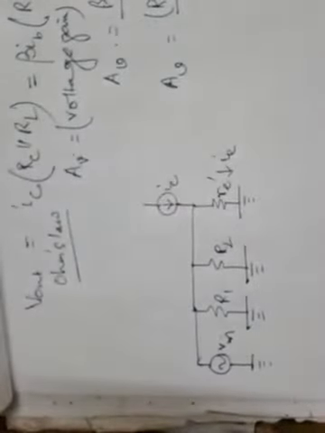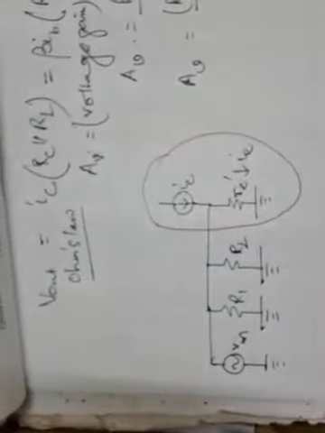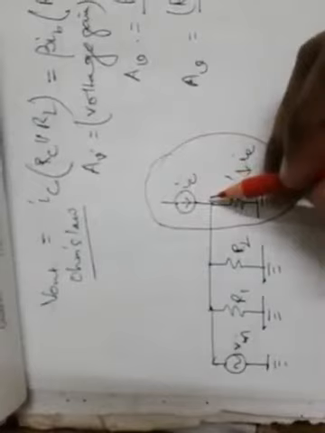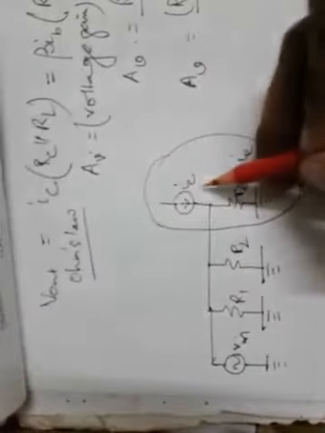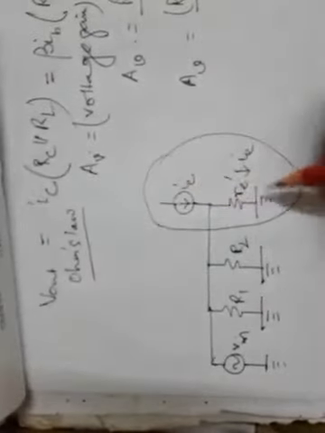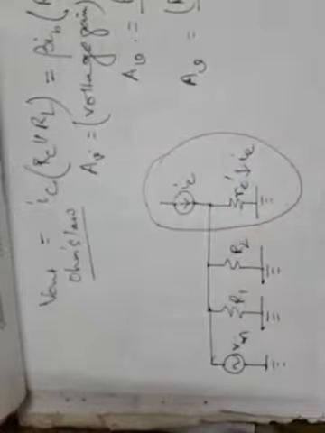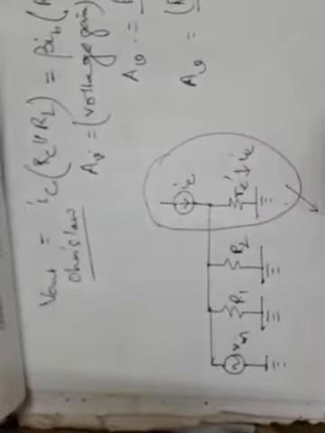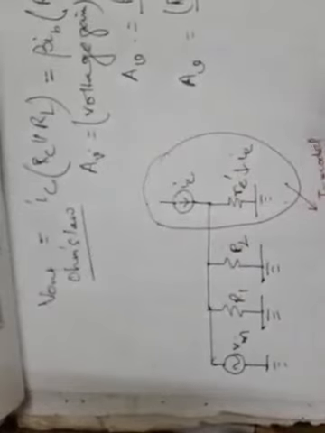This resembles the English letter T: one arm is represented by IC, another arm by RE dashed, and this is the middle arm of the T. So this is the T model of the transistor.